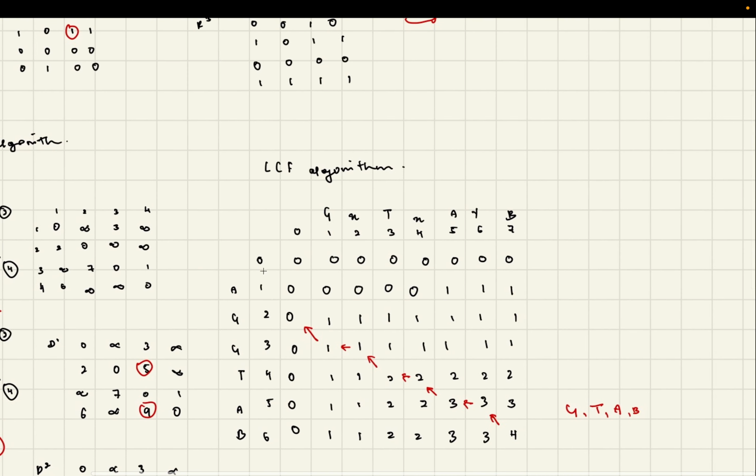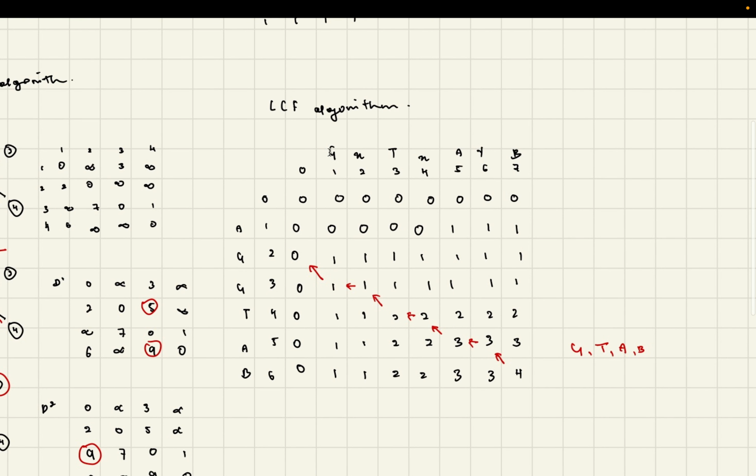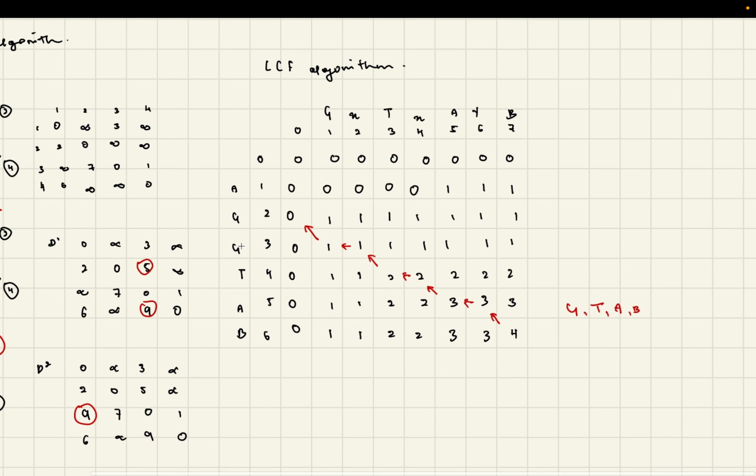And then next is the LCS algorithm, in which we have 2 sets of alphabet, which are GXTXAYB and AGGTAB. In this algorithm, we want to see if they have any common alphabet in the 2 sets, and then we can pull out the alphabet that has the common value in both sets.